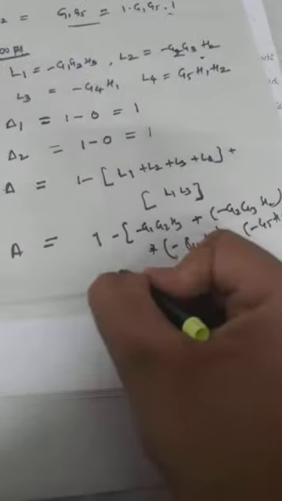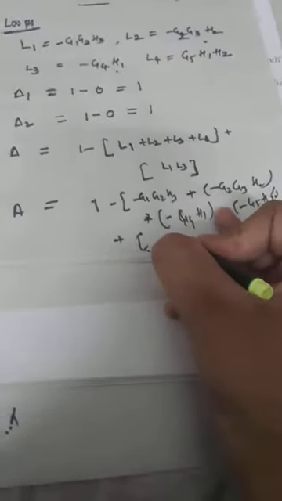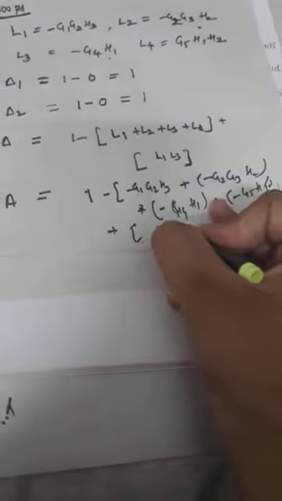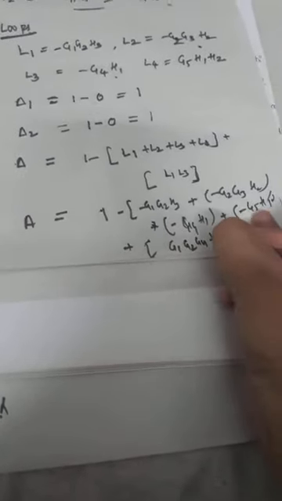Okay, from this you can add plus L1 into L3. Already you know the values of L1 and L3. So L1 into L3 can be written as G1 G2 G4 H1 S3. So after simplifying this, you will get delta.